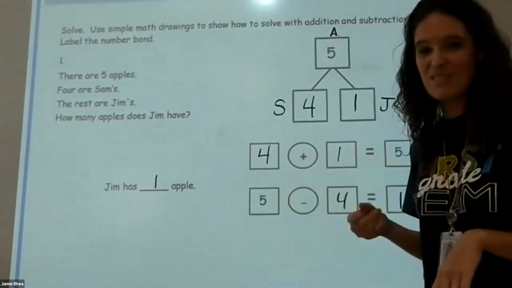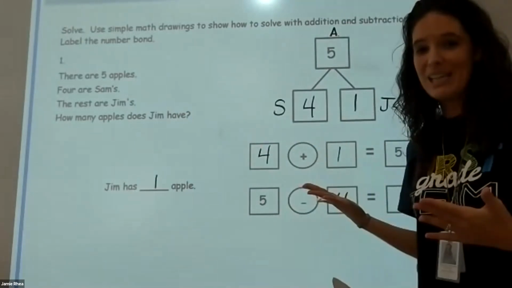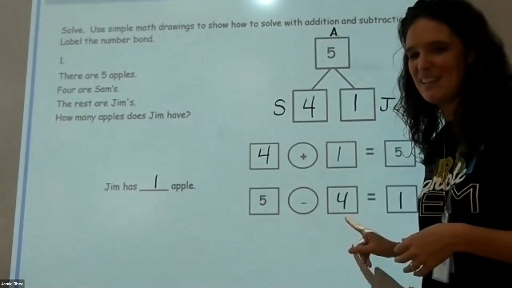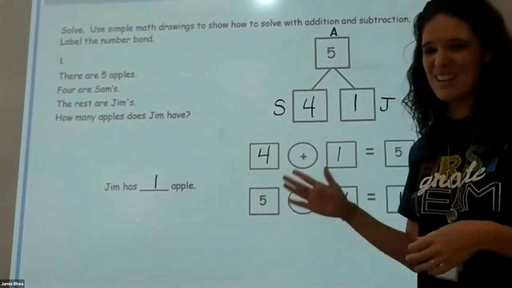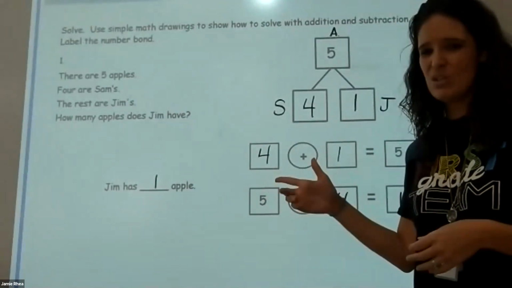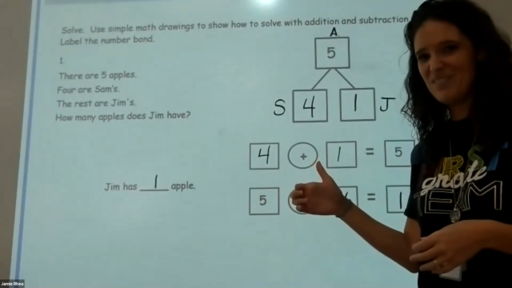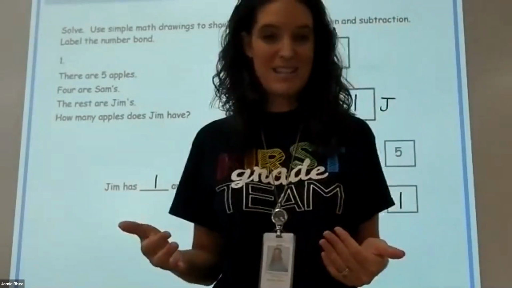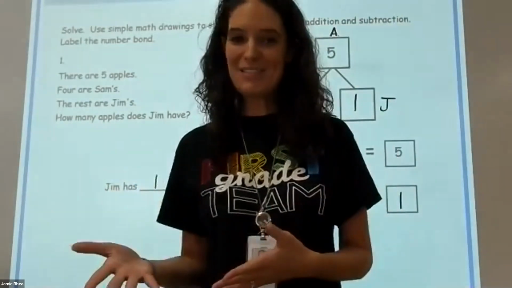That was super fast. 4, 5. Quick. But if I did subtraction and the number's big, it's going to take me a little longer. So if I said 5, 4, 3, 2, 1. How many did I have to count back? Counted back a lot. So look for the efficient way to help you and make it faster, okay?